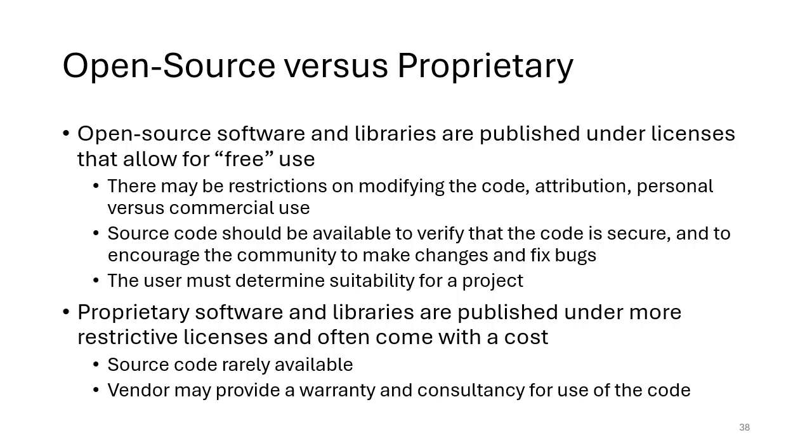So this is where proprietary software comes in. Proprietary software and libraries are published under more restrictive licenses and often cost money. You rarely get the source code, but the great thing about proprietary software and libraries is there's a vendor who can provide a warranty and consultancy for the use of code. And I've not written it down here, but there's also someone to sue if it goes wrong.